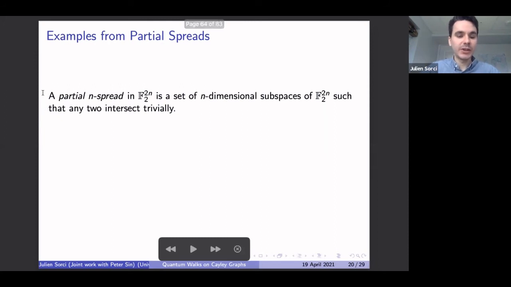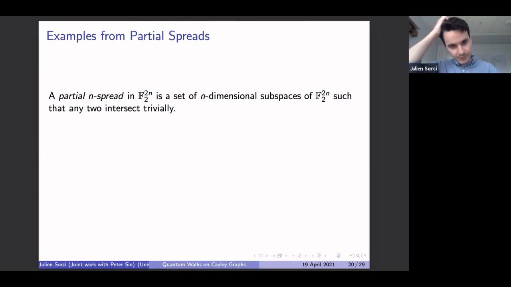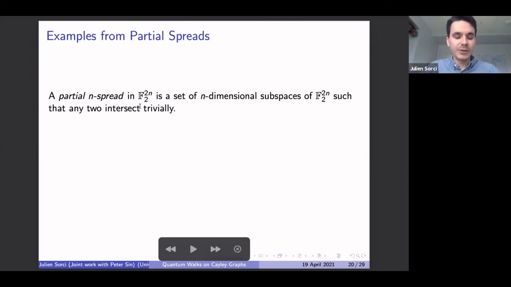And so what we did is we constructed some examples that come from partial spreads. If you're unfamiliar, a partial n-spread in F_2^(2n) is a collection of n-dimensional subspaces of this vector space, such that any two intersect in the 0 subspace. There are a lot of well-known examples of partial spreads, so it's not hard to come up with actual examples.